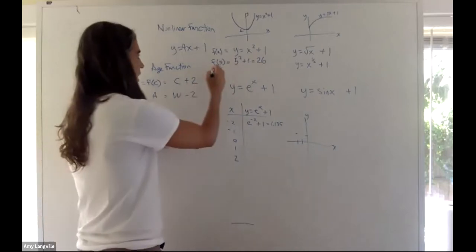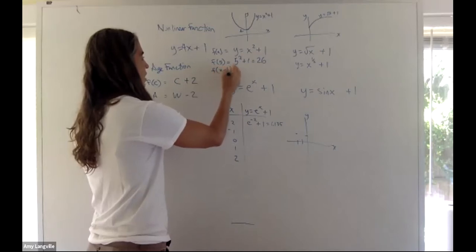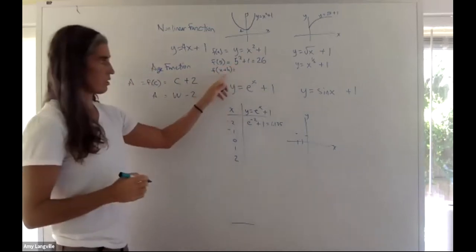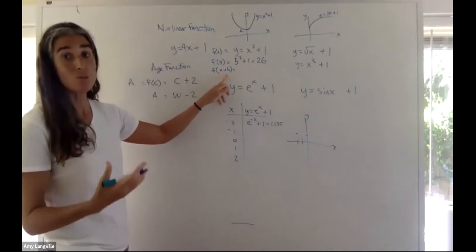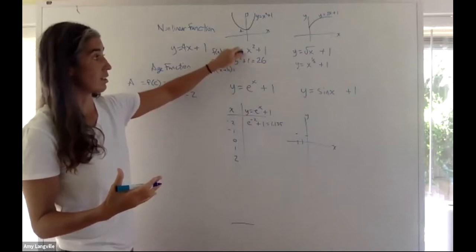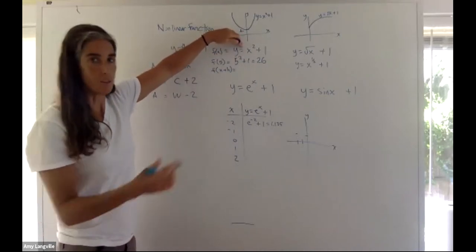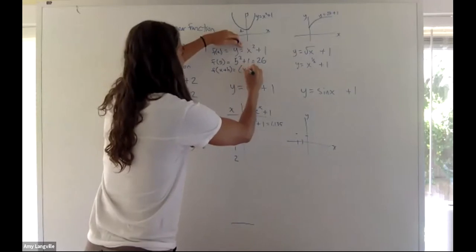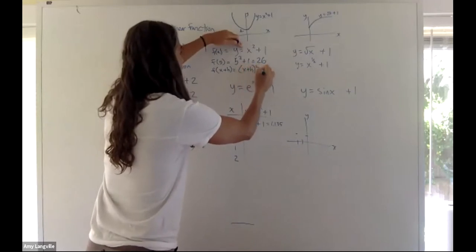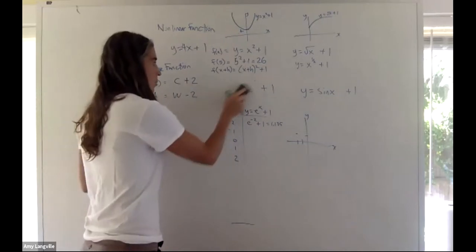But sometimes we'll ask you to do things like this. Evaluate f of x plus h. Well, this is now an expression, but I still follow the rule. I do the same thing as before. Wherever I see an x in my function rule, I now stick, instead of x, x plus h. So I'll have (x plus h) squared plus 1. You can write it like that, or you might simplify.